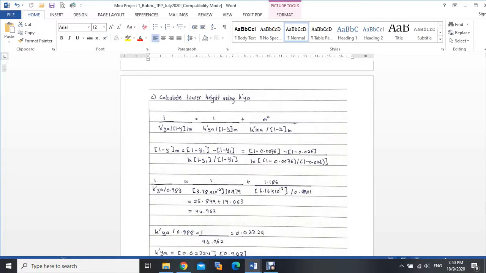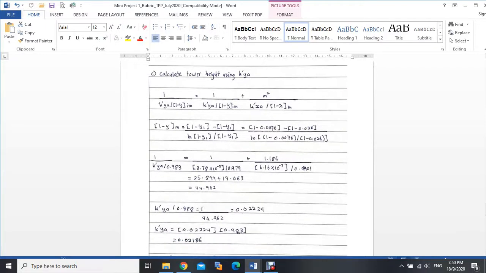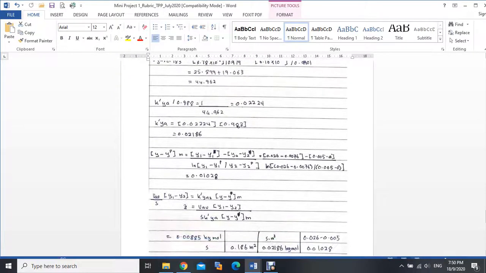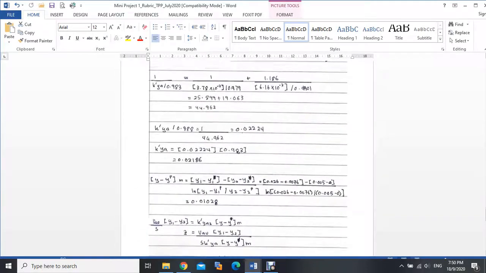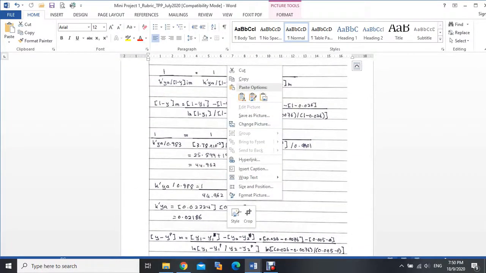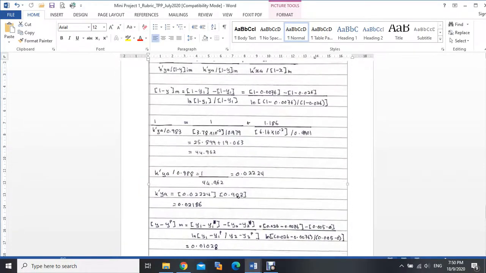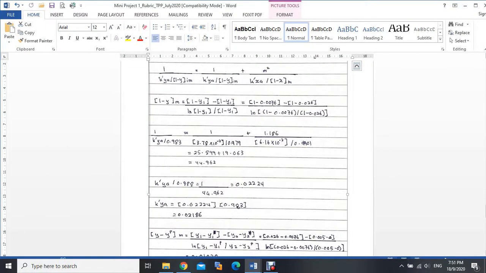Where you need to calculate Y minus Y star M, and 1 minus YIM. Okay, 1 minus YIM and 1 minus XIM we have actually calculated before.